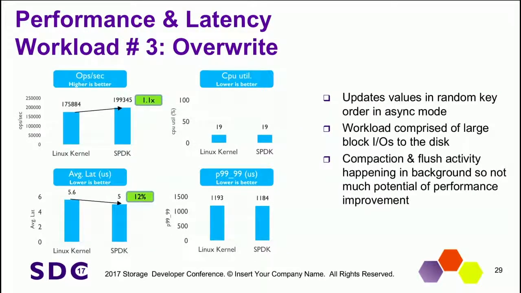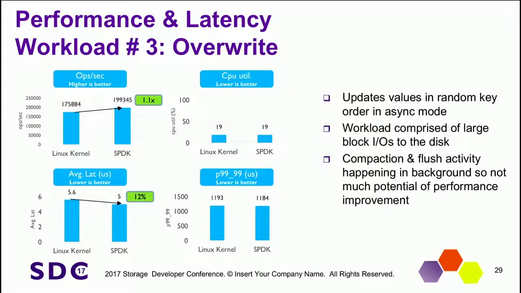And overwrite. This is my third workload, where the database is already set up and you're trying to update your keys. We don't see a lot of improvement here because this workload comprises large block IOs.